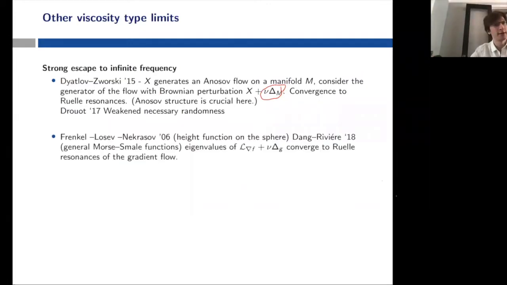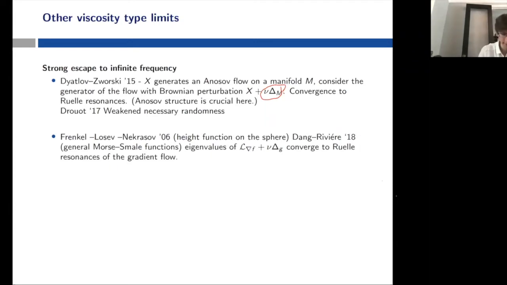Okay, and you also have similar strong escape to infinity in some work of Franco, Losev, Nekrasov, and this was really just for the height function on the sphere and not from a microlocal perspective, but more recently by Deng and Riviere, where they study general Morse-Smale functions and basically the gradient flow, right?